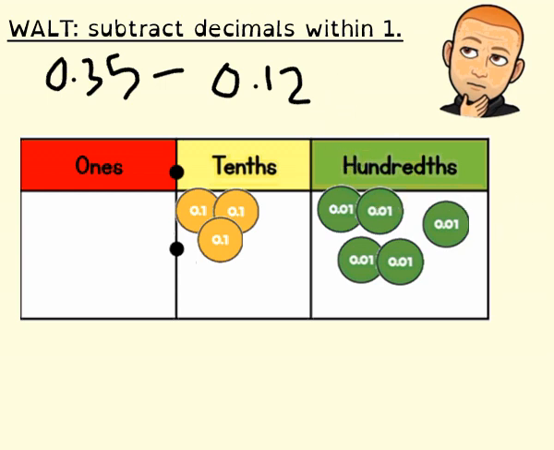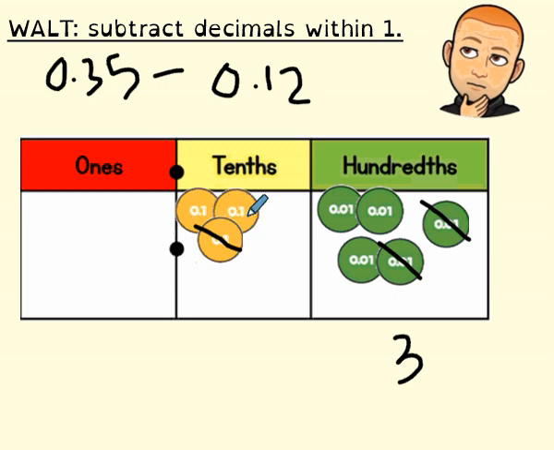I'm going to take away 2 of my hundredths, which leaves me with 3/100ths remaining. I'm going to subtract 1/10 now, so I'm going to cross out one of my tenths, which leaves me with 2/10 remaining.